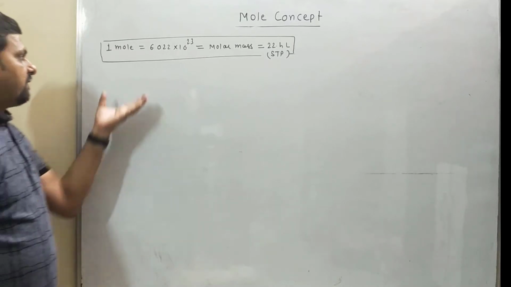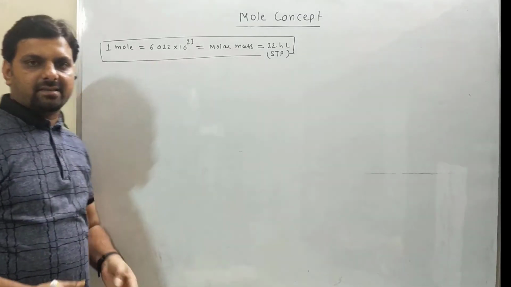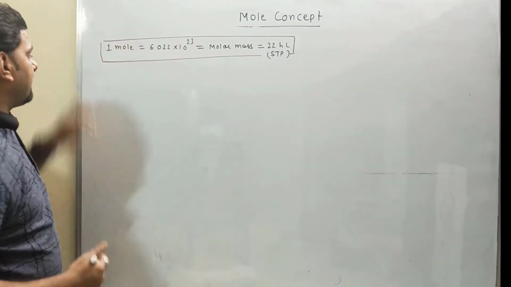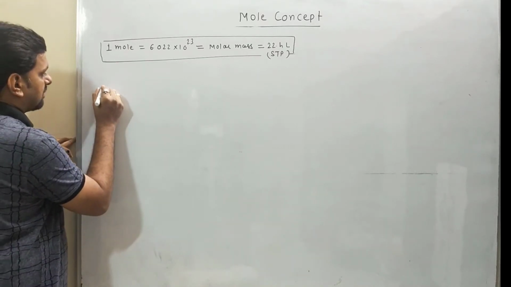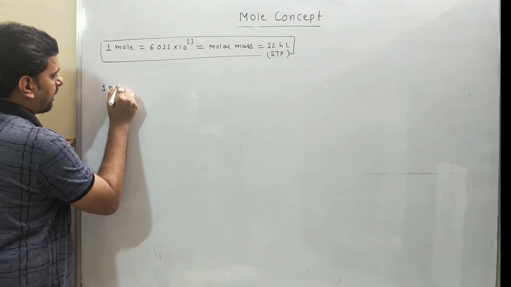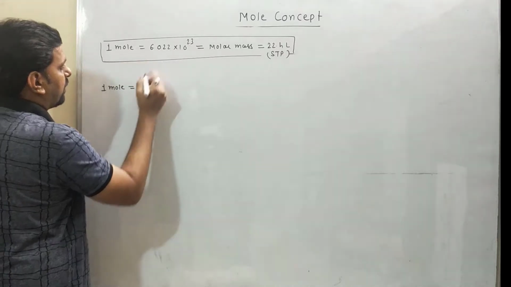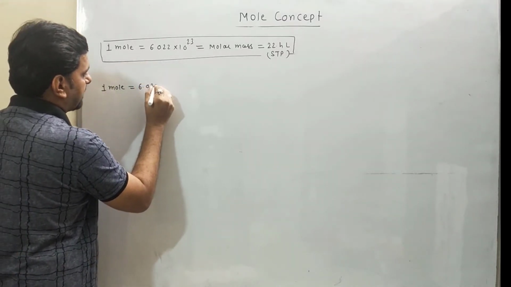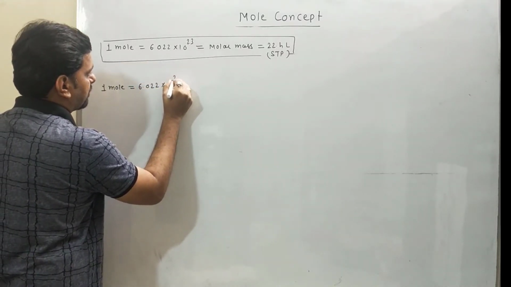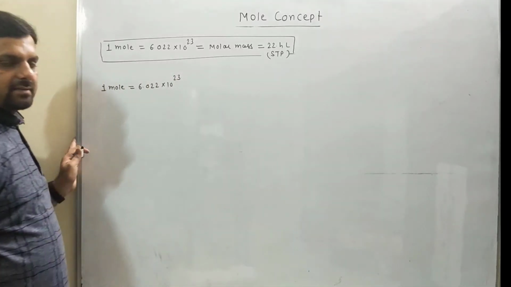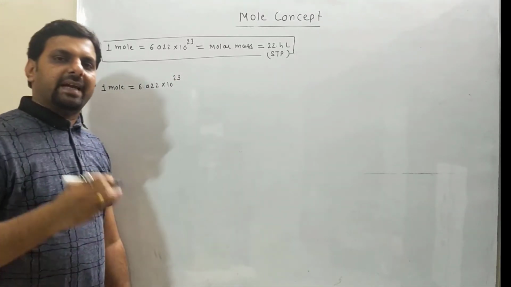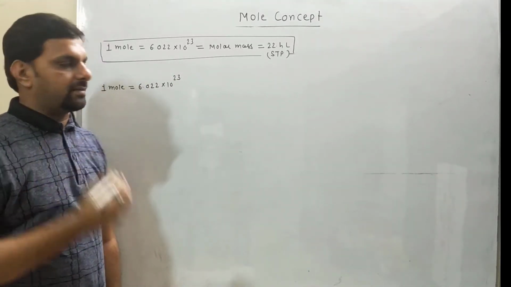So now we have this important relationship. With the help of this relationship, we can write 1 mole equal to 6.022 into 10 raised to 23 particles. That particles may be atoms, molecules or ions.